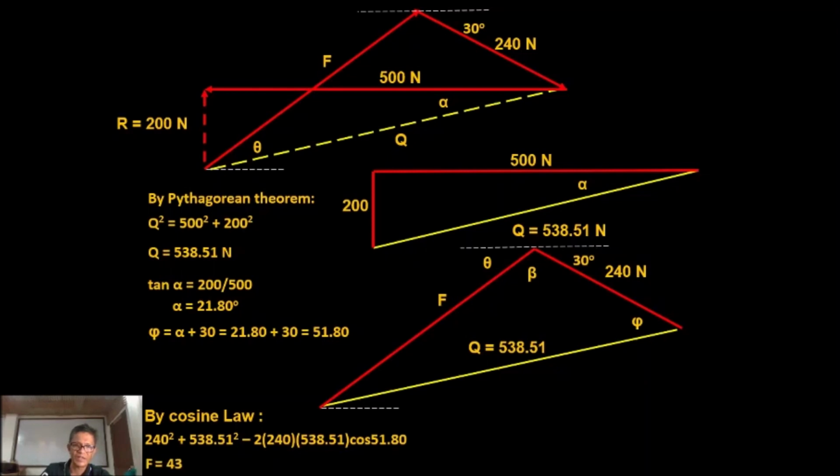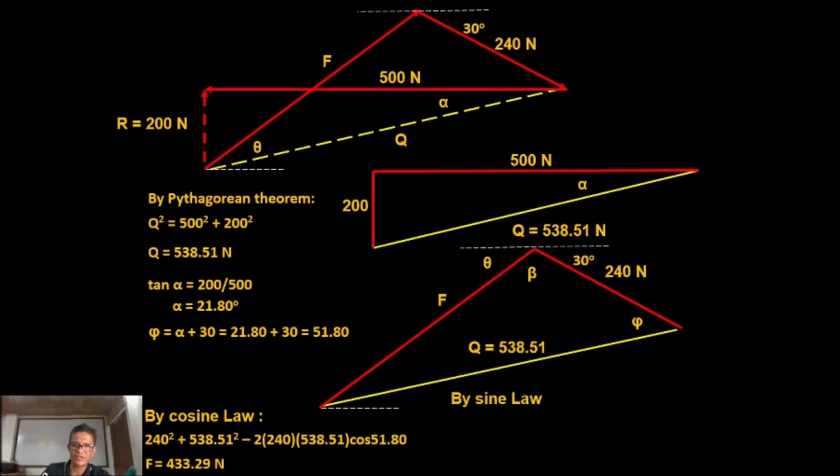Solving for F, F is equal to 433.29. So that is the solution of the oblique triangle: above, the solution of a right triangle, then we go to the oblique triangle. Next is to solve for theta.